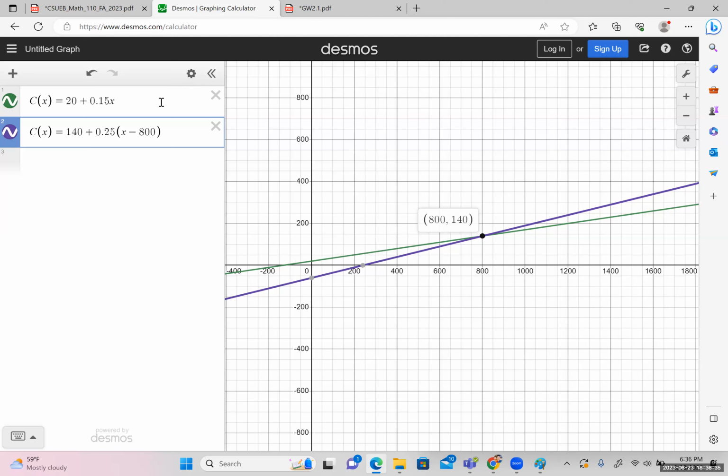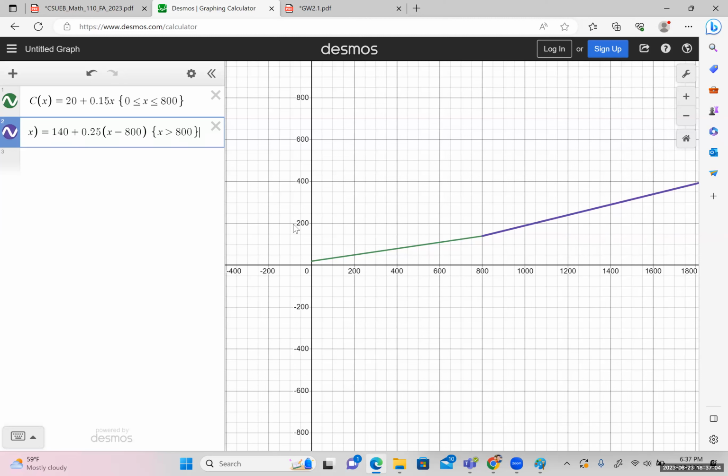So we need the requirement for the first piece to be between 0 and 800, inclusive, and for the second one, x greater than 800. I can write that.